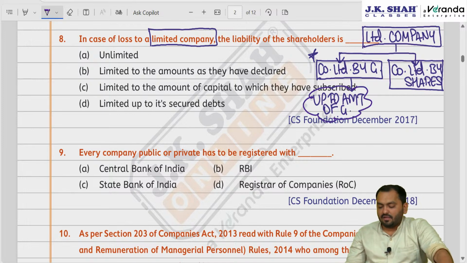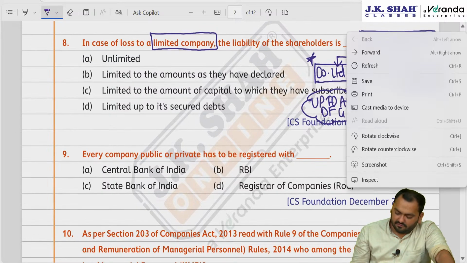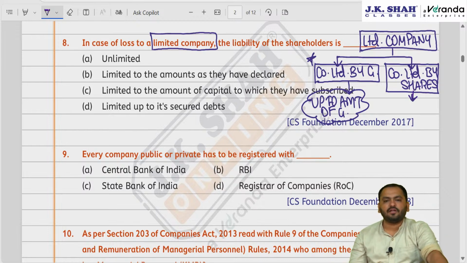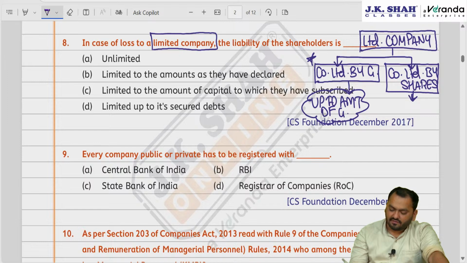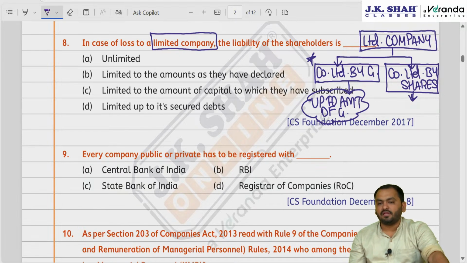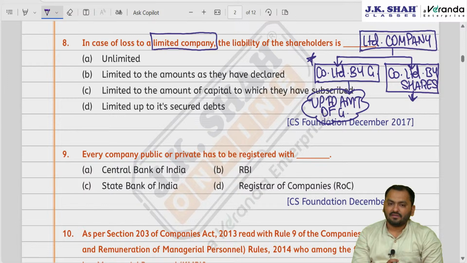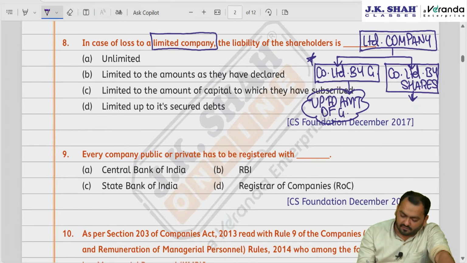Next case you can see, friends, company limited by shares. In this, what is going to be the liability of the member? The members are liable only up to the extent of the unpaid amount on shares held by them. Suppose one share price is 10 rupees.